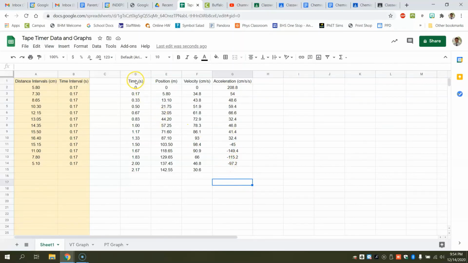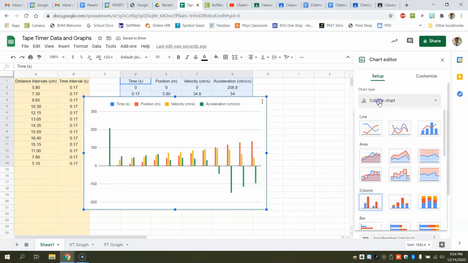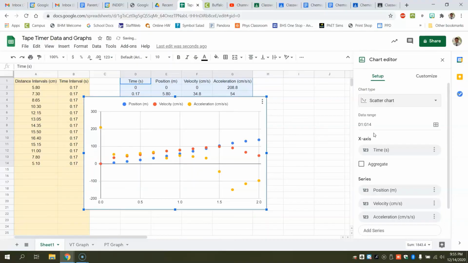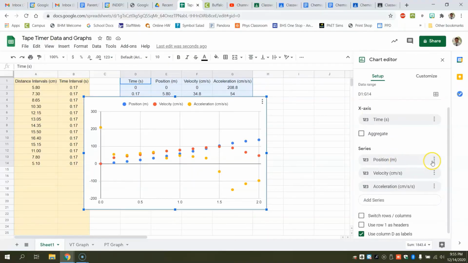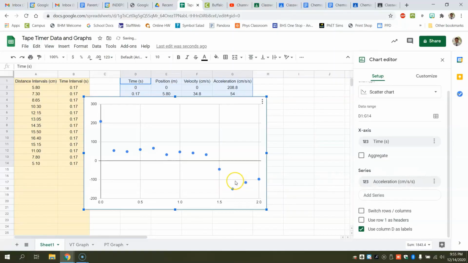This time I'm going to highlight all of them except for that last one, so we keep our data set looking good, and do an insert chart, and then hit the scatter, and then delete that position one and delete that velocity one. So now we have just the acceleration information.